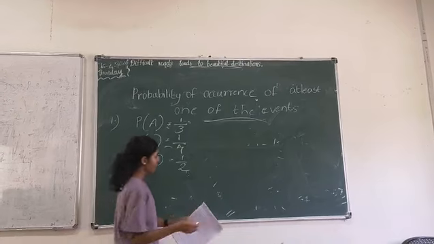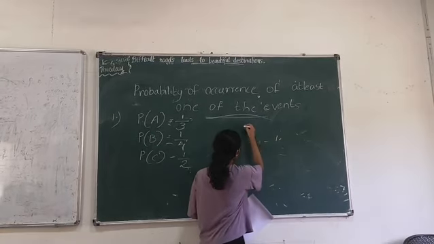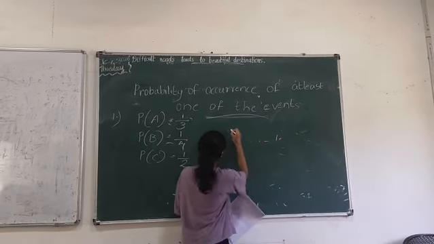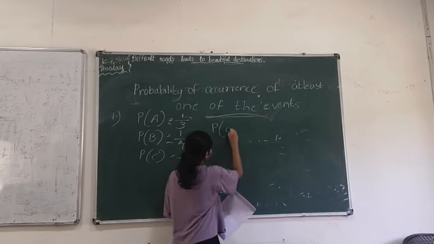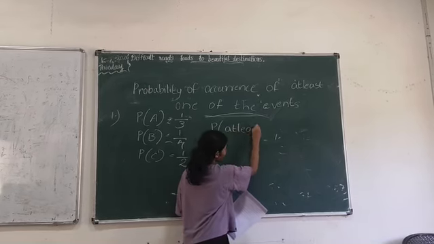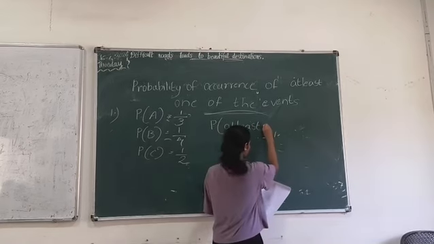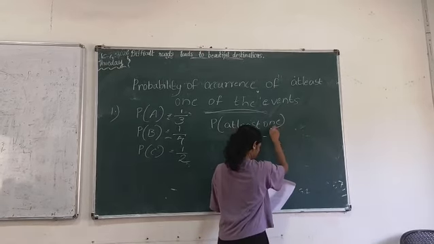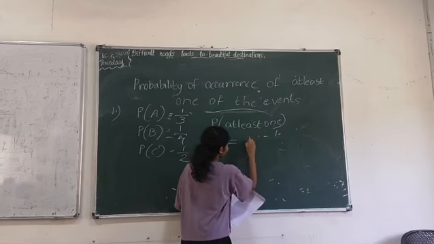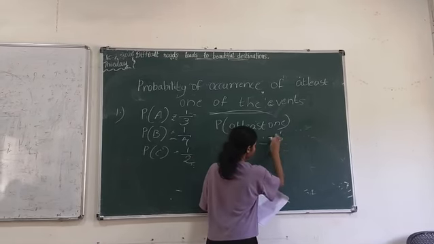For finding the answer, we need to find probability of at least 1. To find this, we can subtract P of none from 1.